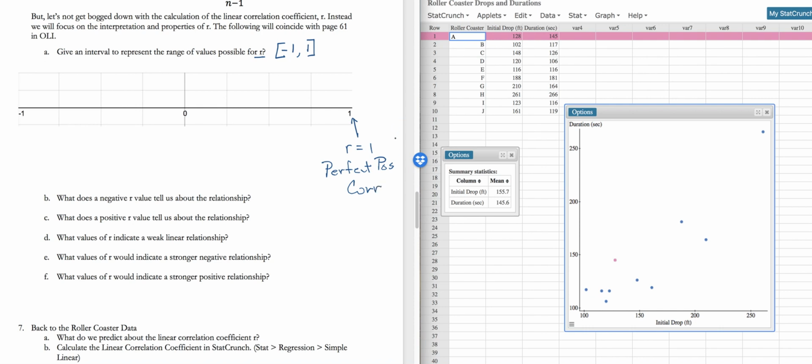And that means that all of the dots are exactly on the same line with positive slope going up from left to right. If our R value is equal to -1, we say that we have perfect negative correlation, and all of our dots would be exactly on the same line with negative slope going down from left to right. If the R value was exactly equal to 0, then there is absolutely no evidence of a linear relationship.